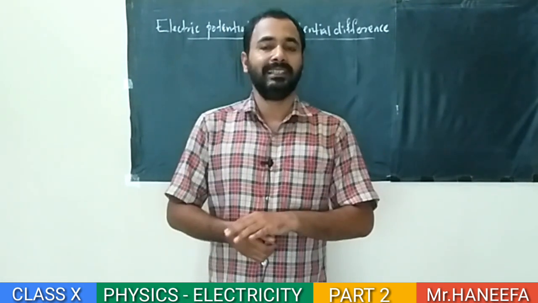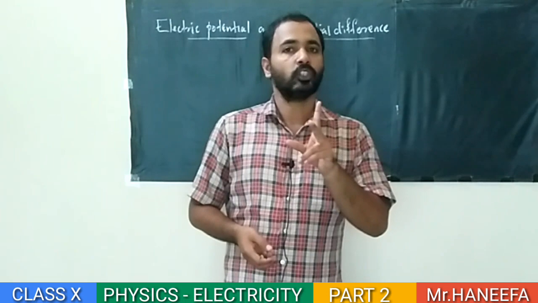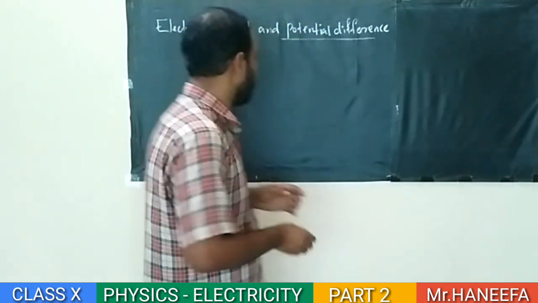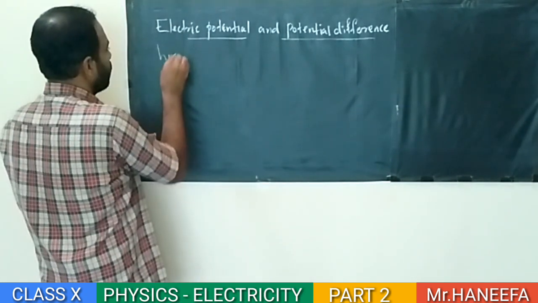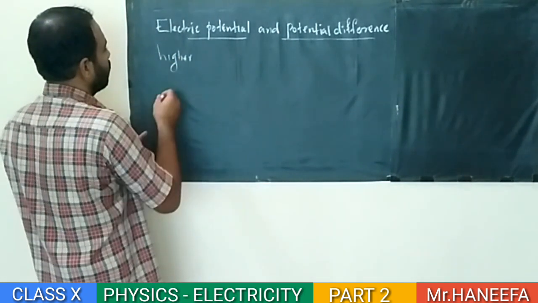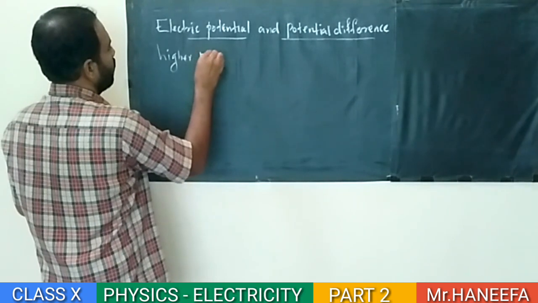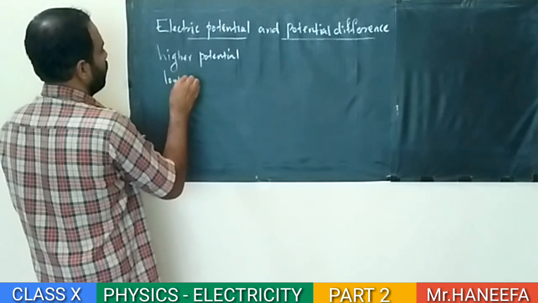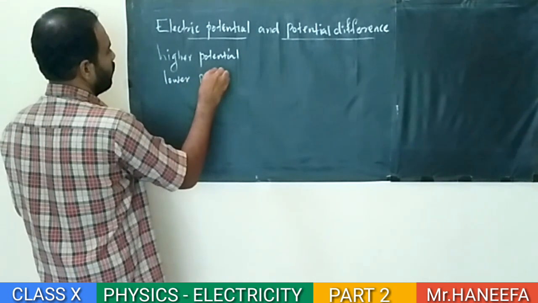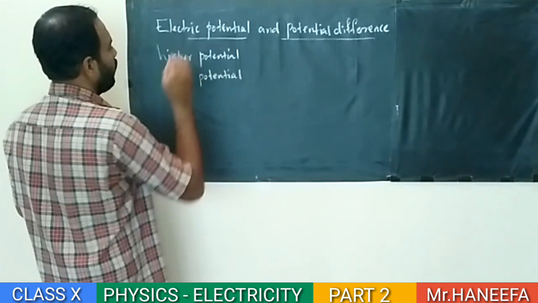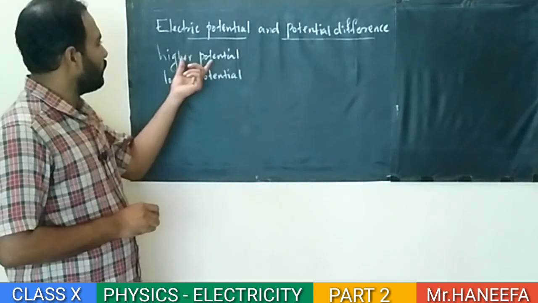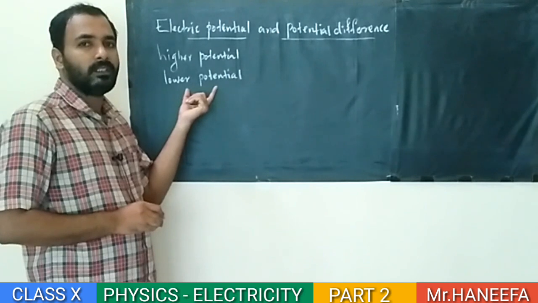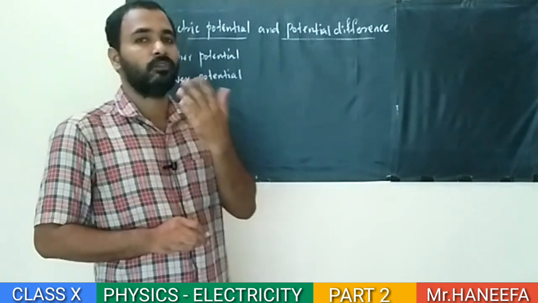Okay. In the case of electric potential, there are two potentials, higher potential and lower potential. From the higher potential to lower potential, electric current flows.